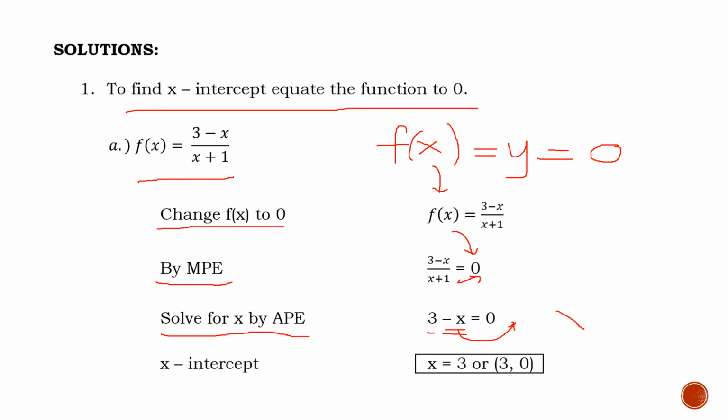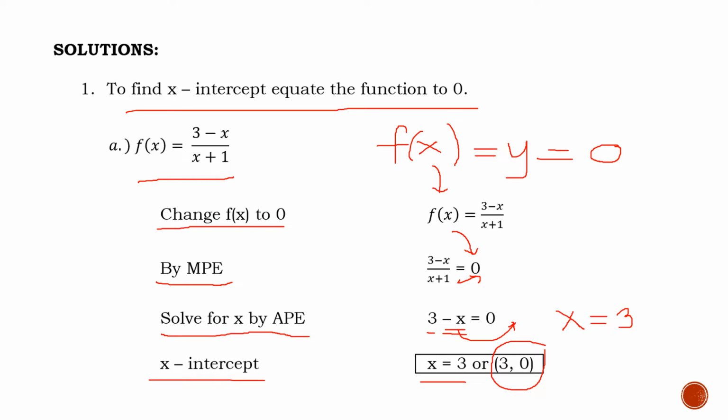Now, the value is x is equal to positive 3. So since x is equal to 3, the x-intercept is 3 and 0.